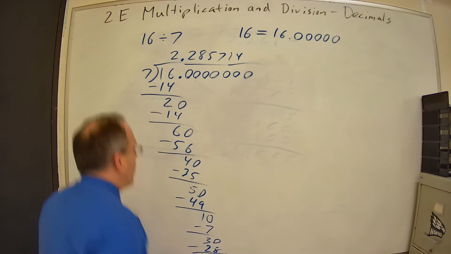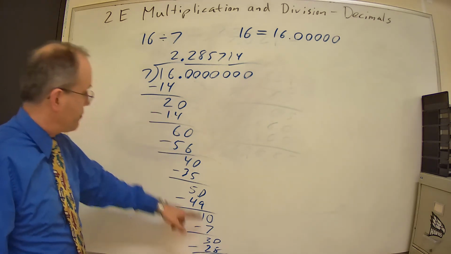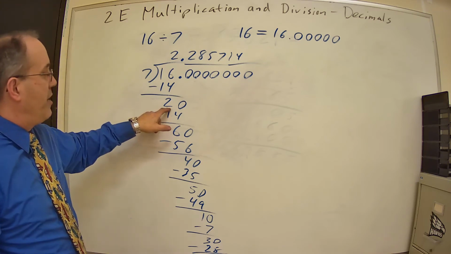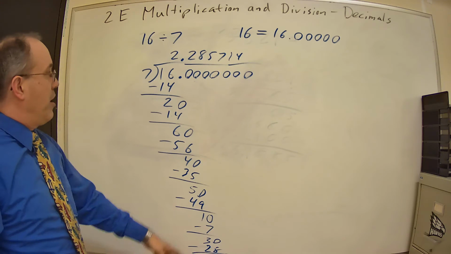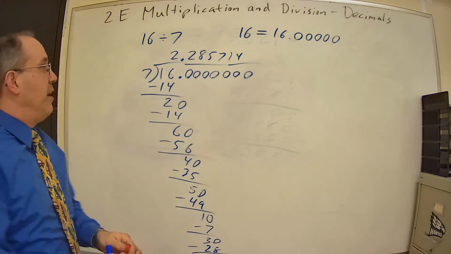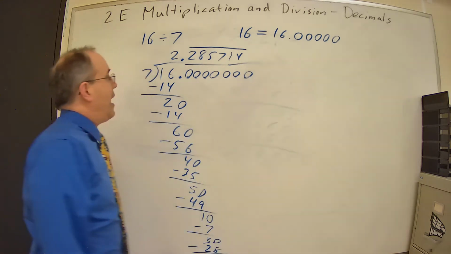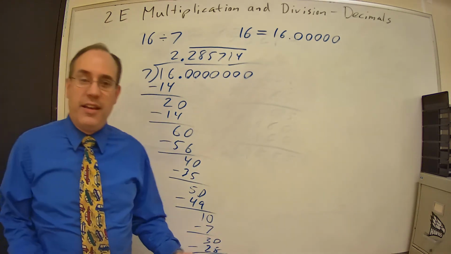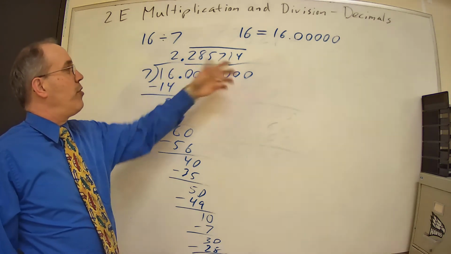Bring down the 0. But if we notice that 20 here is what we had right here, the 20, we're actually at the point where it's going to repeat: a 2, then an 8, a 5, a 7, a 4. So we actually end up with a repeating decimal, 2.285714, and it's going to repeat.